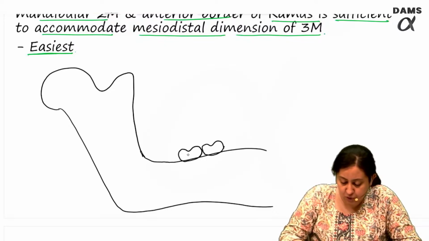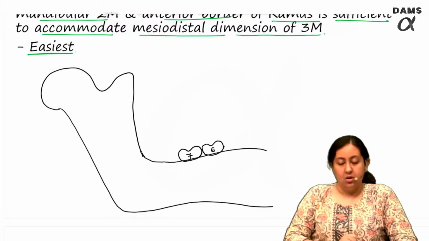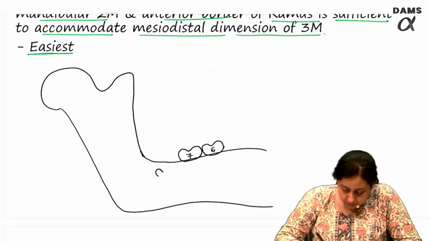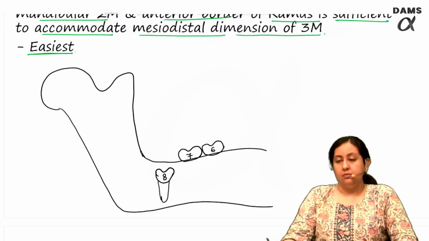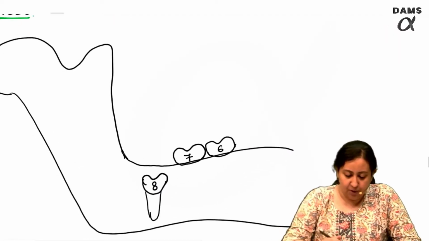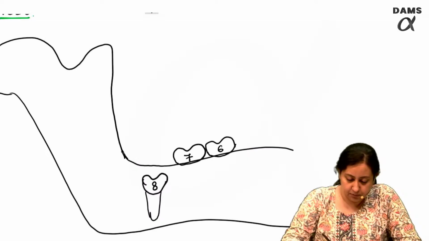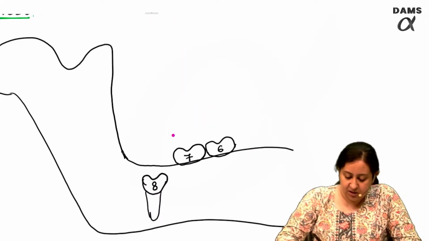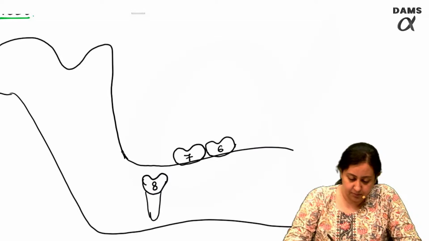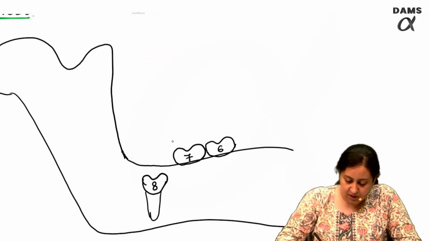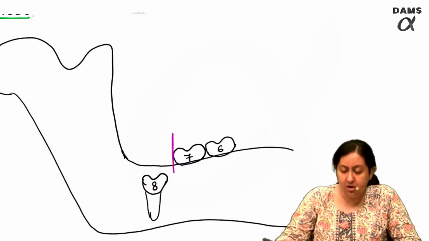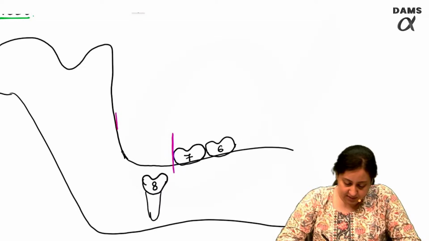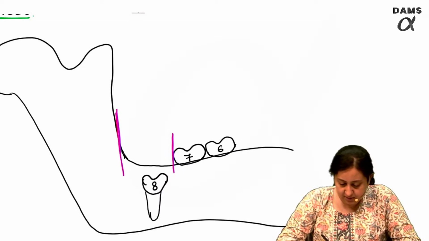I'm not drawing the roots over here so that you don't get confused. Now please carefully follow my pen. Distal surface of 7, second molar, ascending border of Ramus, this distance.